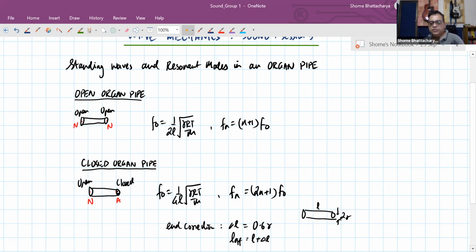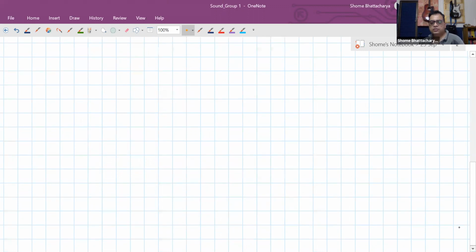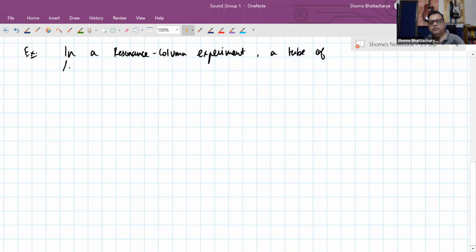So let's first look at a question involving the resonance column experiment. In a resonance column experiment, a tube of length 100 centimeters is used.